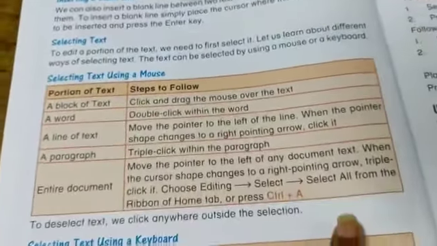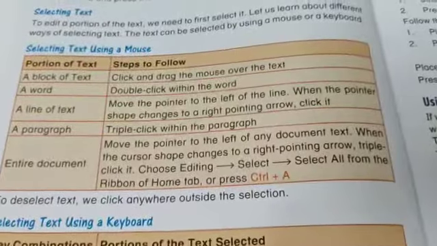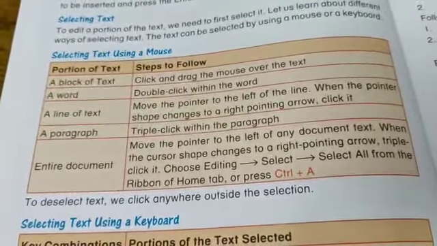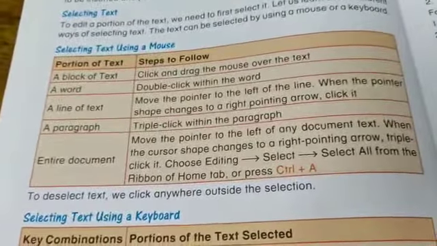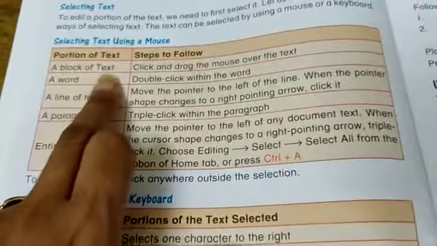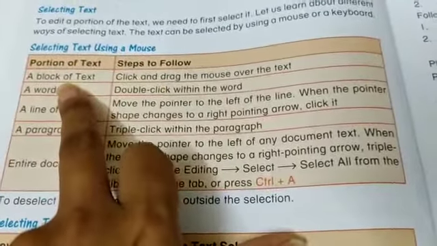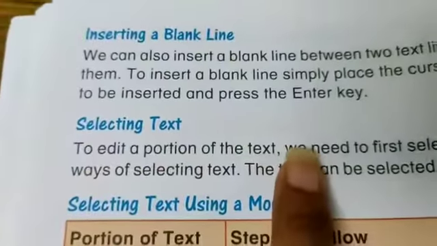Now this is selecting text using a mouse. With the help of the mouse, how can we select a text? A block of text. Simply, you want this line to be selected.